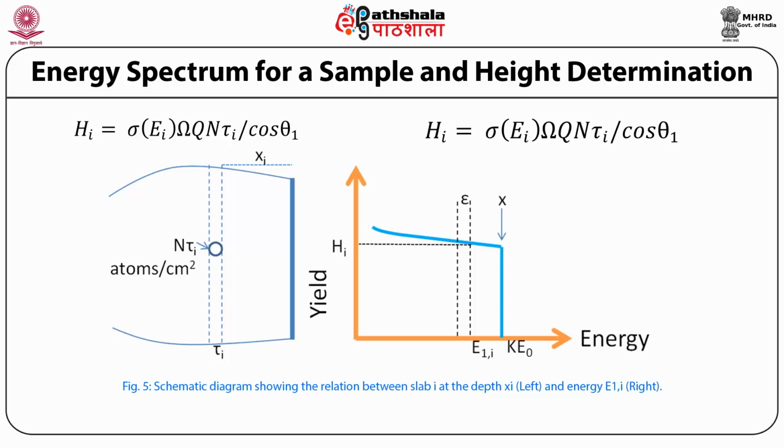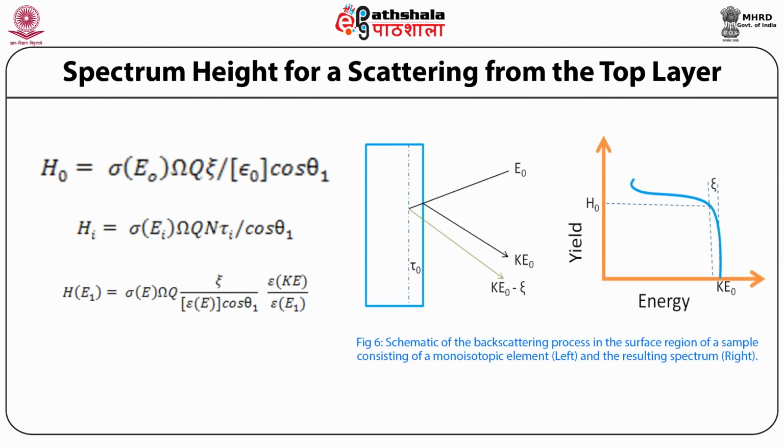This is true if the incident particle is normal to the target surface, which would give the total number of backscattering atoms of the sample. If there is a tilt in the incident particle from the normal of the surface with angle theta 1, then the equation can be written as Hi is equal to sigma Ei omega q n tau I divided by cos theta 1. Spectrum height for a scattering from the top layer.